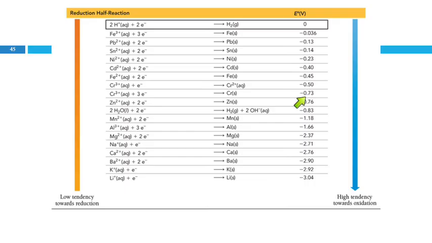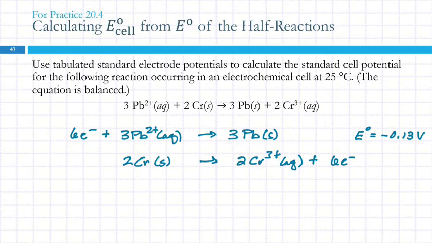And this is negative 0.73, but this is backwards of what we have. So we're going to change the sign because we're writing it backwards. So we take negative 0.73, and we're going to write positive 0.73. And then we're going to add those together.